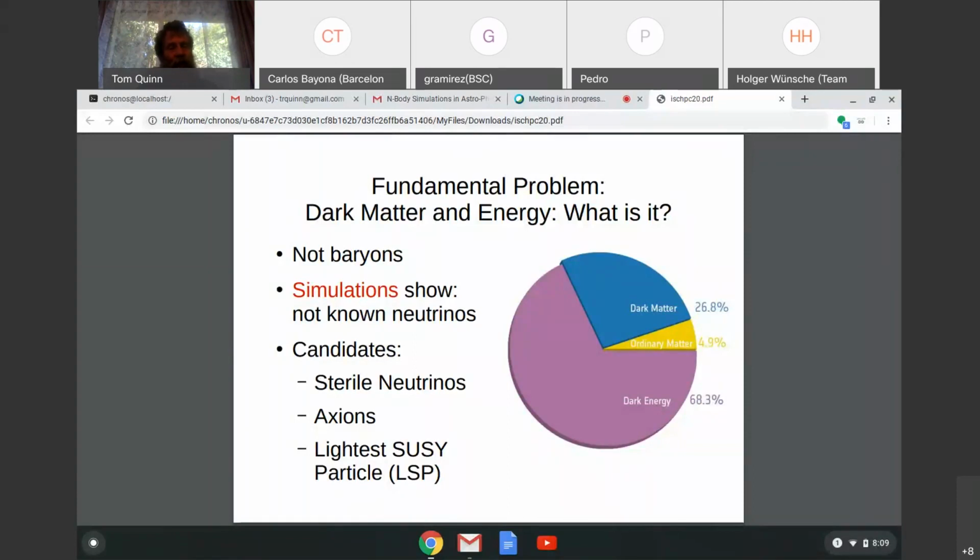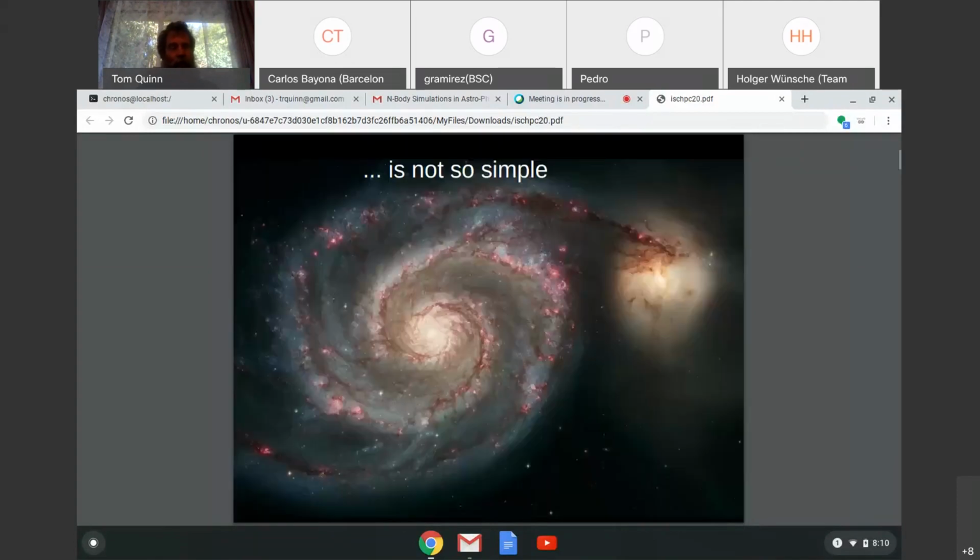Well, one big problem out there is, the picture I just showed you, all this stuff you see here is what we call ordinary matter. It's made of hydrogen, mostly hydrogen, helium, fundamentally neutrons and protons, more fundamentally quarks and leptons.